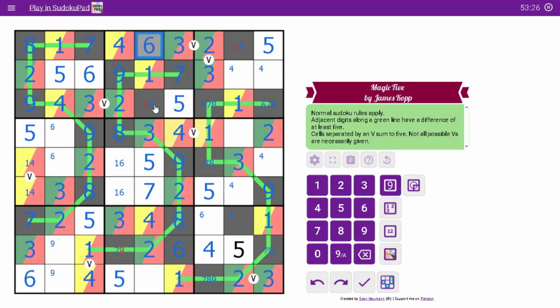7, 9, 6, 8, 9. 7, 8. 7, 9. 6, 7. 7, 9. 1, 2, 3, 4, 5, 6, 7, 8, 9.